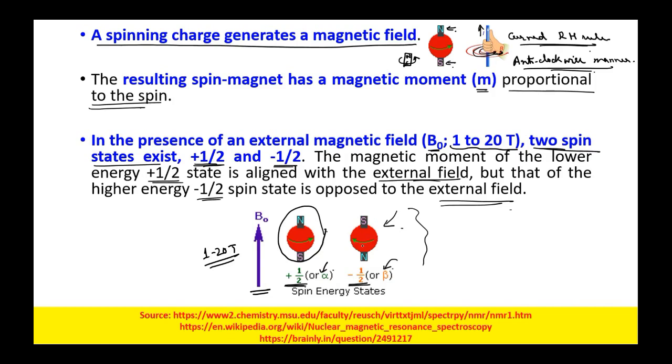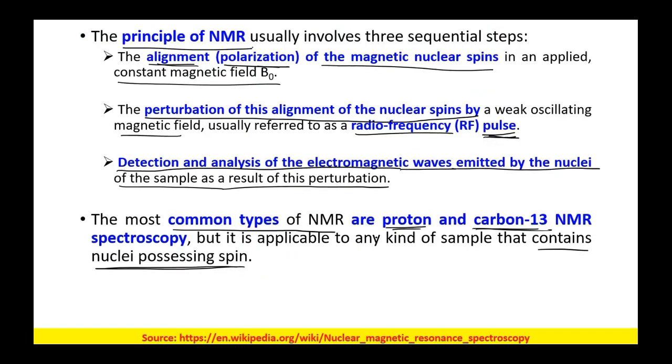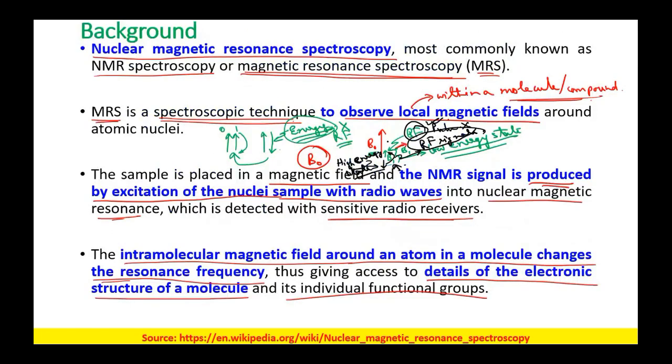Here the proton will be moving in the clockwise direction, and accordingly the north pole will be generated at the bottom and the south pole at the top. So in this case, some of the protons are in a high energy state and are defying the law we have discussed.